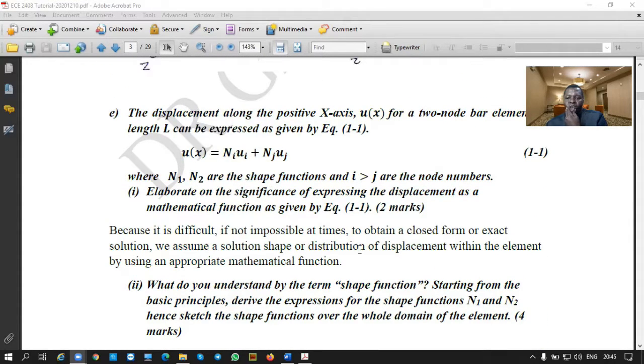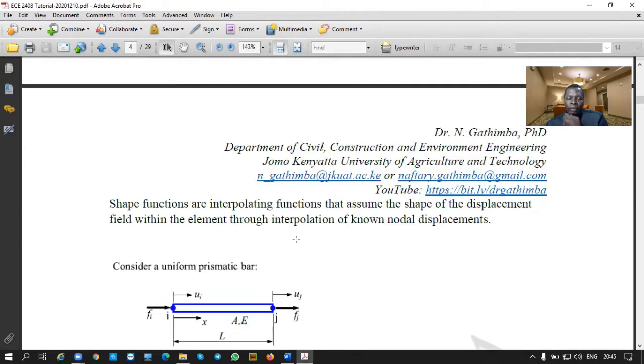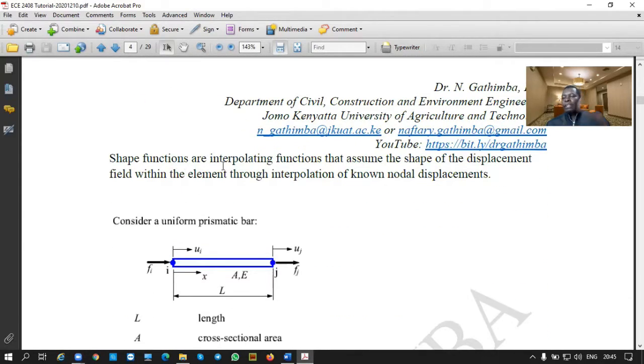Once you know this, you will understand this. The first one was to guide you so that you can answer the second one. These are interpolating functions that assume the displacement field. They assume that from this node to this node, this is how the displacement will vary, whether linearly for a bar, or in a quadratic or cubic manner, and so on. Then we can use that interpolating function to get the result.